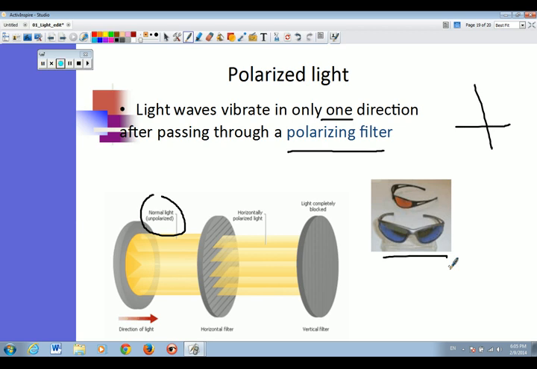But with a pair of polarized sunglasses, you can reduce that glare by eliminating that direction. So you might want to check your glasses when it says polarized. Is it polarized or is it just tinted? Polarized sunglasses take out one direction and reduce the amount of light getting to your eye.